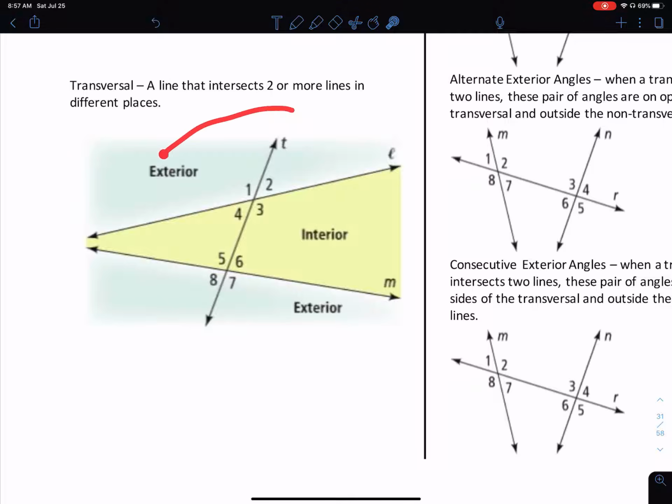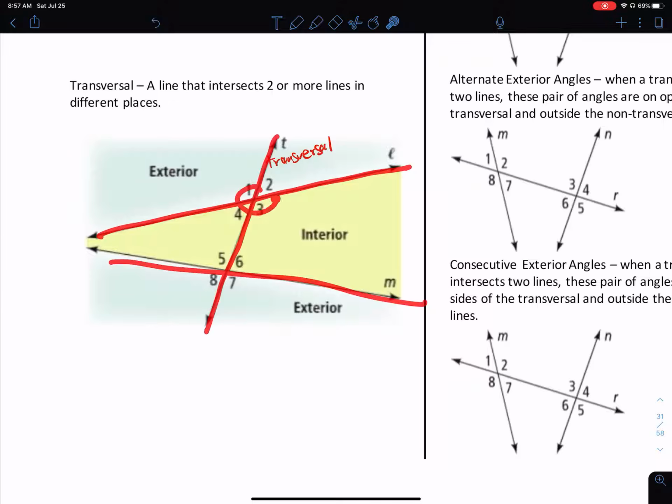But just looking at the parts of intersection that we can see, T would be our transversal. T is our transversal because T is intersecting two or more lines at different places.